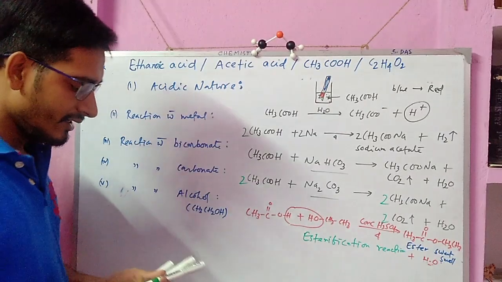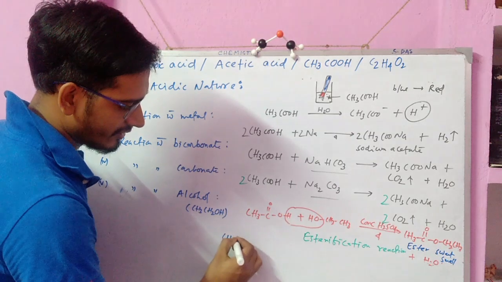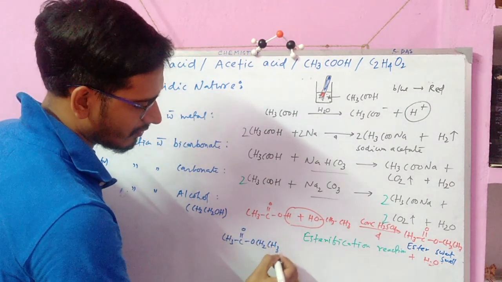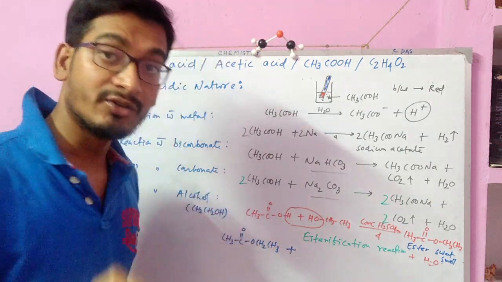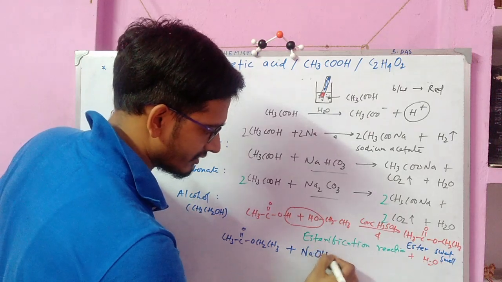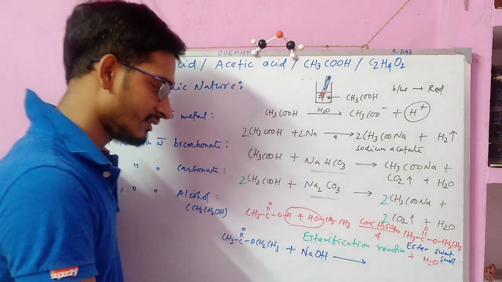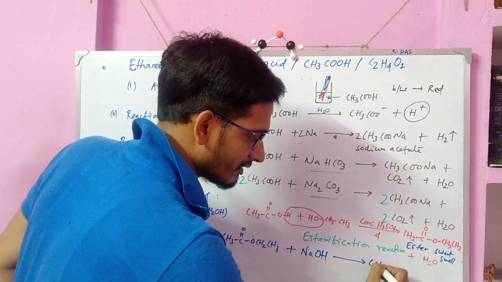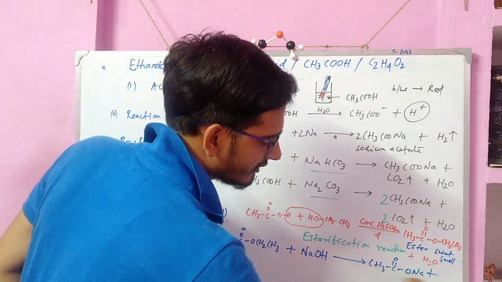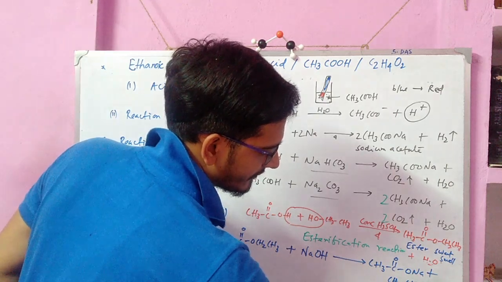Next, what happens if an ester, CH3COOCH2CH3, is hydrolyzed in presence of a base, let's say NaOH? If an ester is hydrolyzed in presence of base, then what product is obtained? The sodium salt of the acid is obtained and the original alcohol is produced.